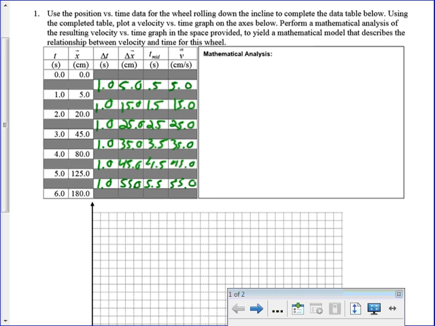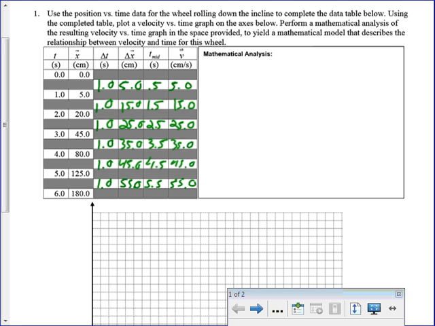Consequently, since from 0 to 1 seconds I had an average velocity of 5, I know that at 0.5 seconds I was also going 5 centimeters per second. Since from 1 to 2 seconds I had an average velocity of 15, I know that at 1.5 seconds I was going 15 centimeters per second.